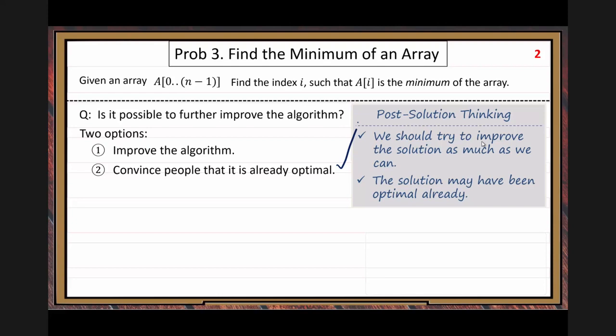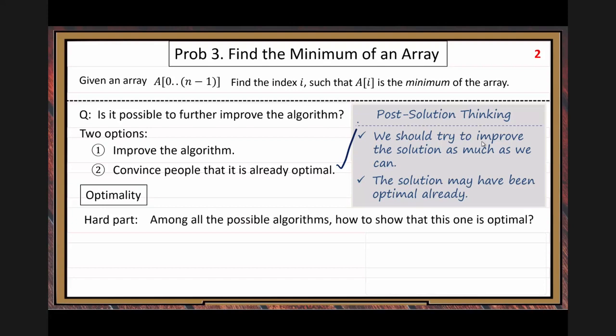If it's optimal, we just move on, don't waste our time. But the question is, how do you know it is optimal? That's a hard question. So we need to study the optimality issue, the hard part.